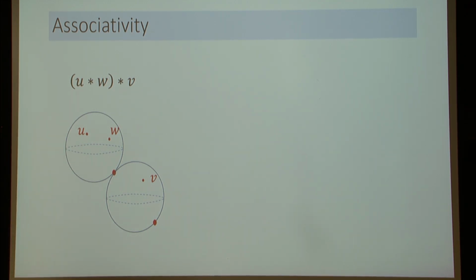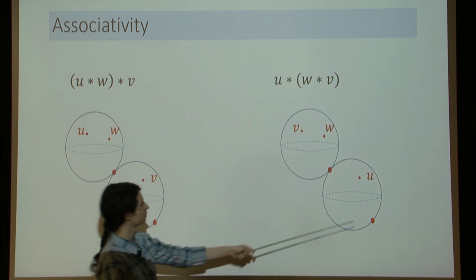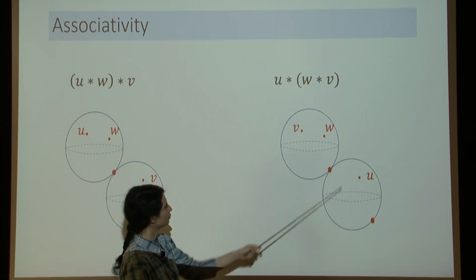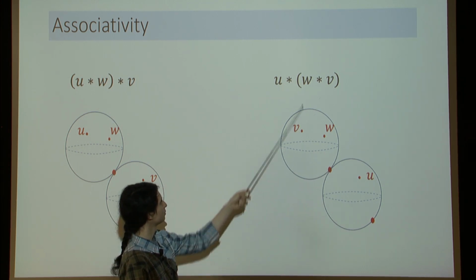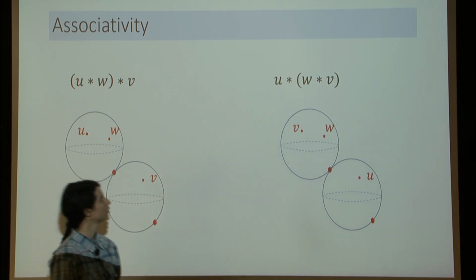Similarly, U times something is the output of spheres with a constraint in U and another constraint in something. The something happens to be a product of V and W.